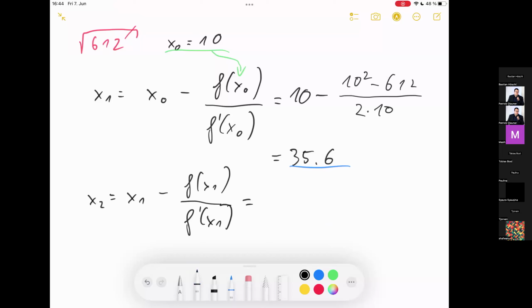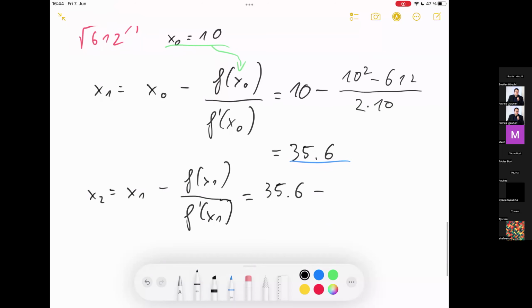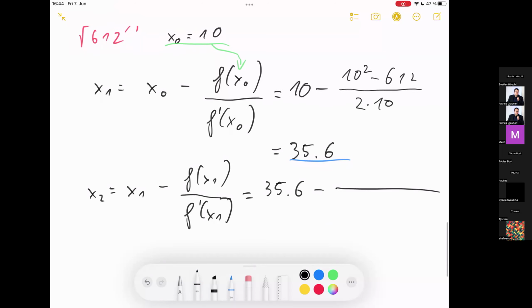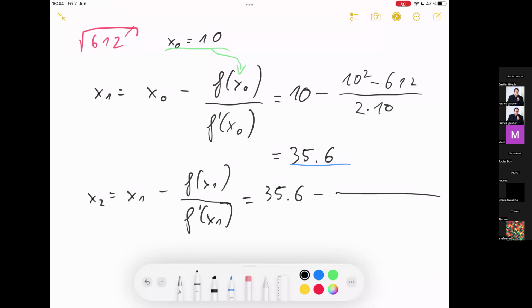So this is now 35.6 minus, we put x1 in, so it's 35.6 squared minus a, which is still 612, because this is the square root we want to get from, times 2 times 35.6.